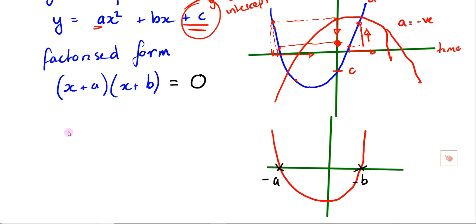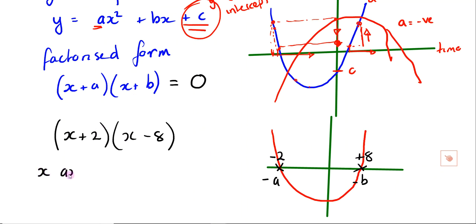So, for instance, if I've got x plus 2 and x minus 8, all right, if this is the form of the equation, I now know that my graph will cross at -2 and +8. So factorized form tells me my x-axis intercepts.